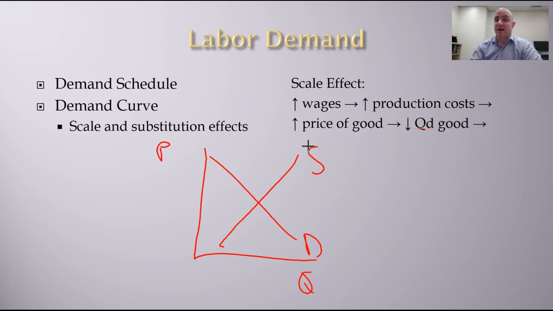And remember, the supply is measured by the marginal cost. So if wages go up, it becomes more expensive to produce. The marginal cost goes up. And so what's going to happen is that the supply curve is going to shift to the right. And with equilibrium, we're going to go from our original point to our new one.